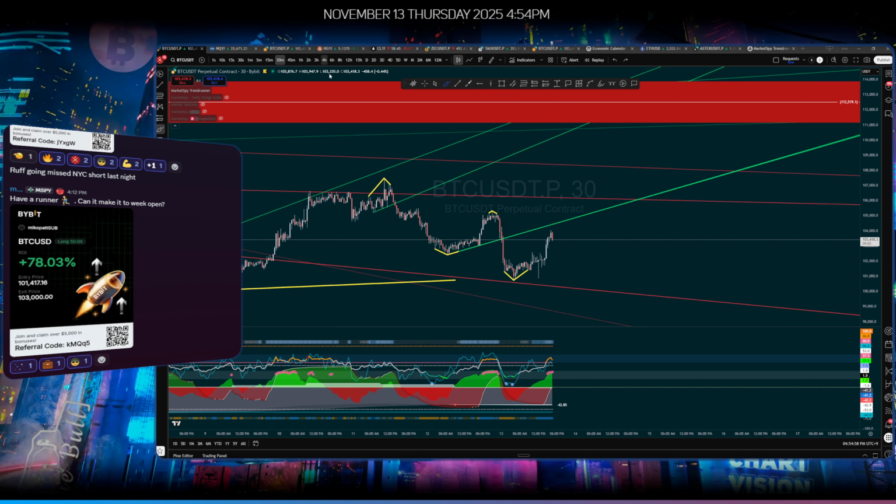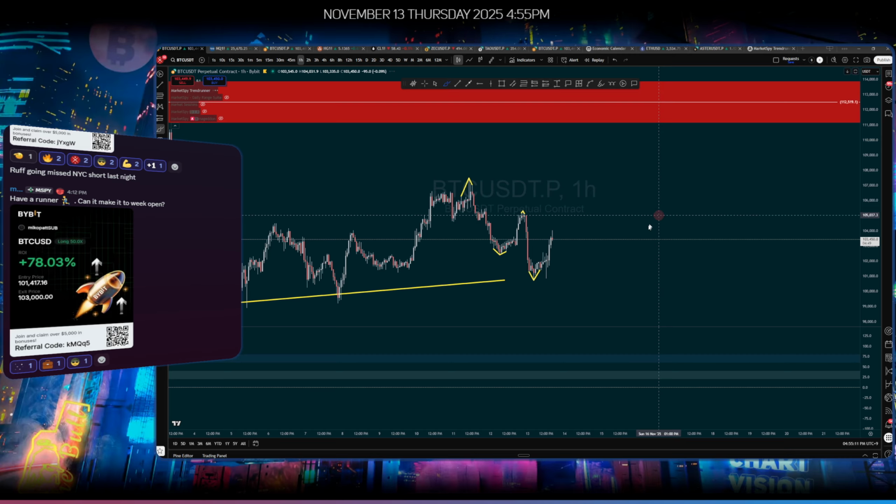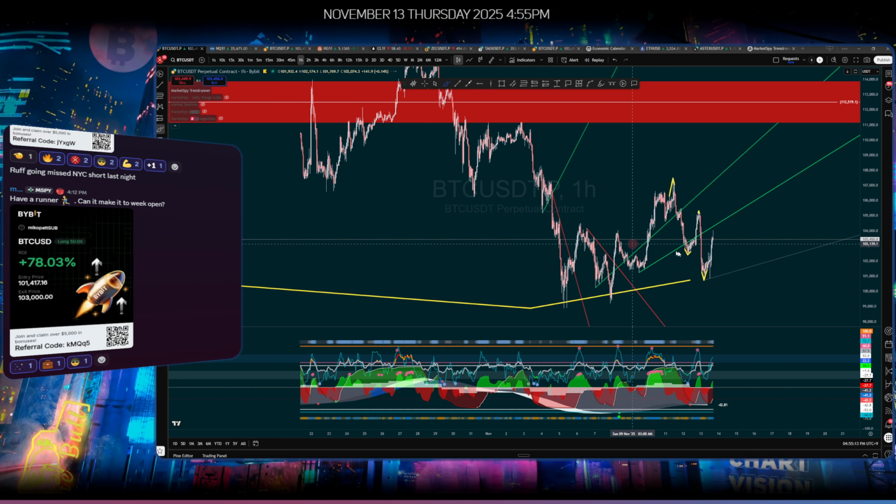On higher time frames, you're probably still in the red, and those are extreme levels of resistance where it's not that easy for price to break above these because of how they're structured and what they're paying attention to.